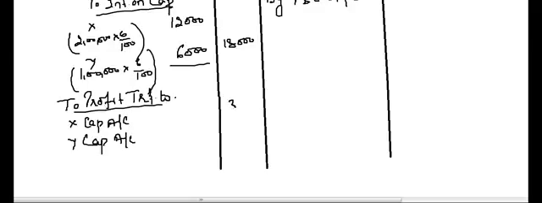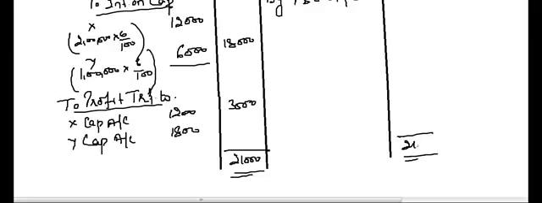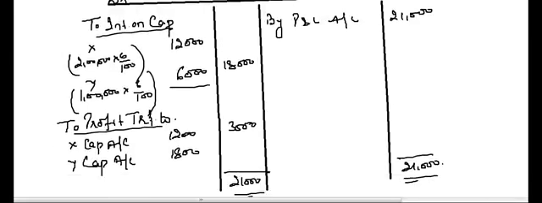The total profit left is 3,000. 3,000 will be divided in the ratio of 2:3. This will come to 1,200 and 1,800. So total we have 21,000. So this was a simple case where the partnership deed provides for interest on capital and we have the profits. Clear? You can write this down. Then we'll move on to the next problem.